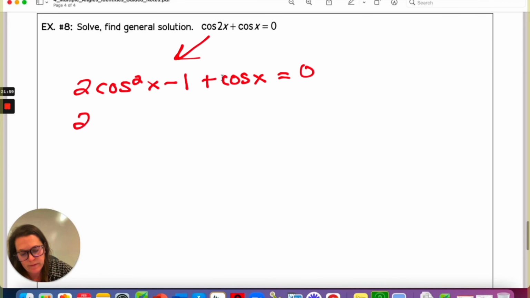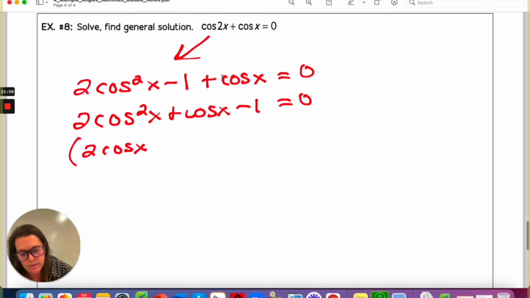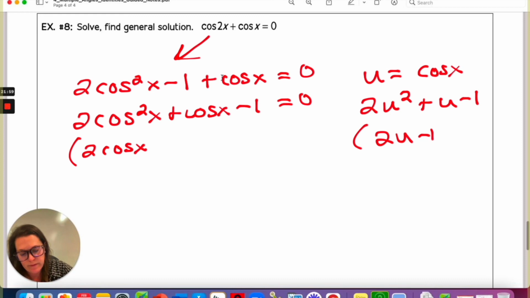So if I rewrite that as 2 cosine squared x plus cosine x minus 1 is equal to 0, try to factor that. If you just want to do a u substitution, if we let u equal cosine x, that would be 2u squared plus u minus 1. So then you should be able to see that that's going to be 2u minus 1, u plus 1 when you factor it.